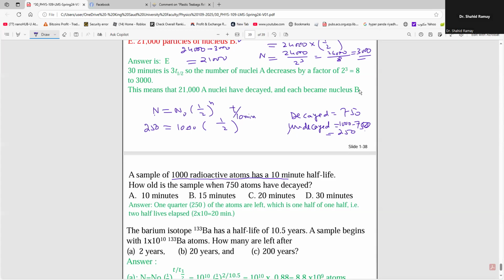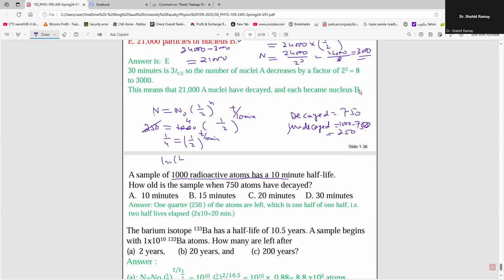So solve this one. If you solve this one, this will be 4. So 1 over 4 is equal to (1/2) to the power t over 10 minutes. Now you can apply the same ln formula.